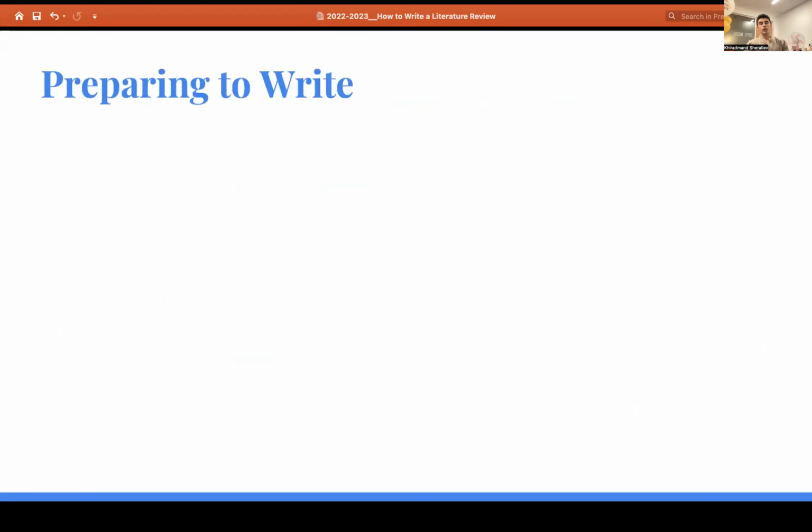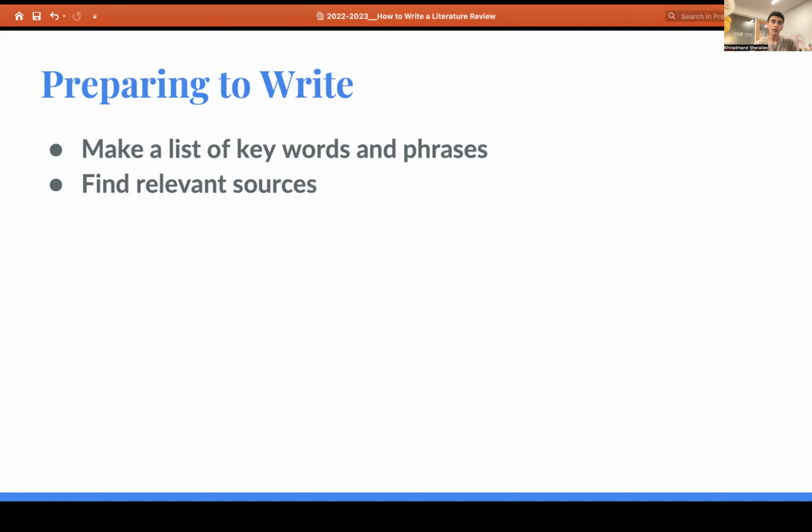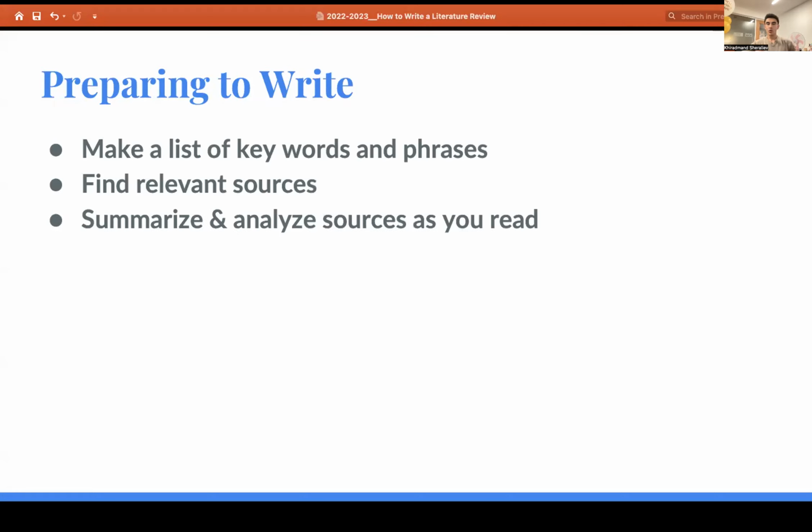Okay, so before you begin to write a literature review, you need to make a list of keywords and phrases. And it helps you to find relevant sources, right? And then as you read those sources, you need to summarize and analyze those materials that you find.